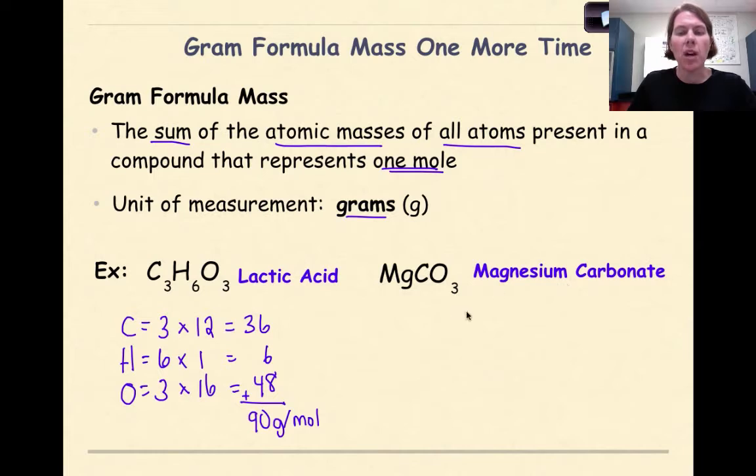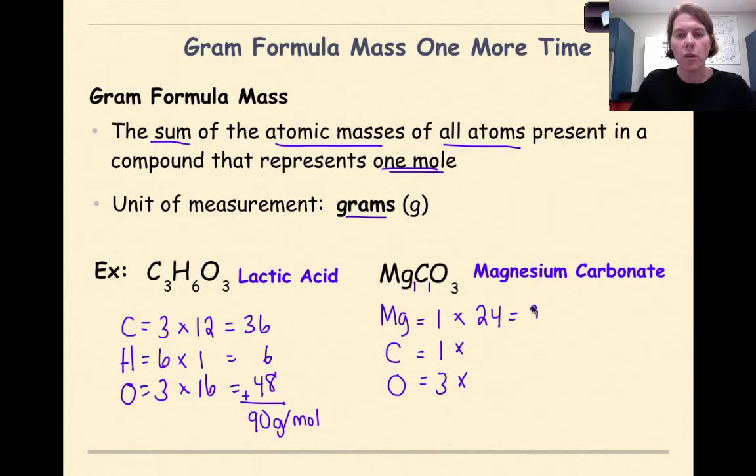Let's look at magnesium carbonate. Magnesium, carbon, oxygen. I look at the subscripts for each of the elements here, and I know that there's an assumed 1 here and a 1 here, and then I have 3 for the oxygens. 1, 1, 3. Multiplication signs for all of them, and the atomic mass of magnesium is 24.